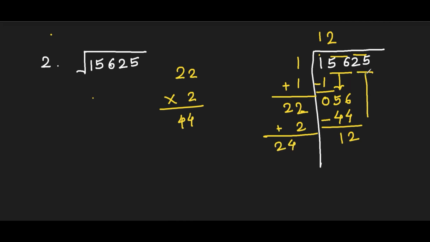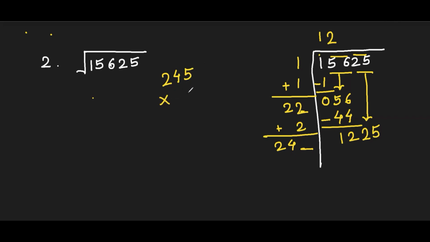Now, when we bring the next two digits down, there will be the number 1225. Now, we have to put a digit in front of this 24 so we can divide this 1225. So 24 with a 5 at the end, so we are taking the 5 here.